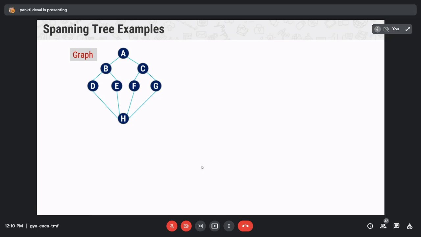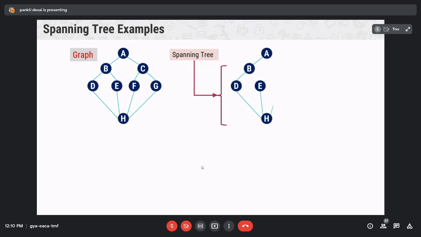generate a spanning tree from this graph, then you can derive a spanning tree like this. It contains all the vertices of G, but does not contain any cycle.